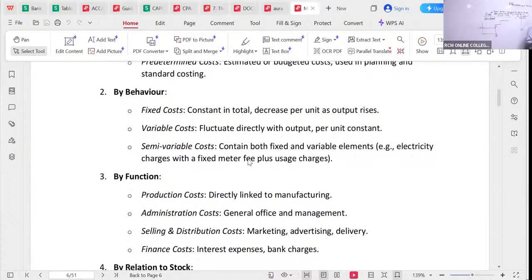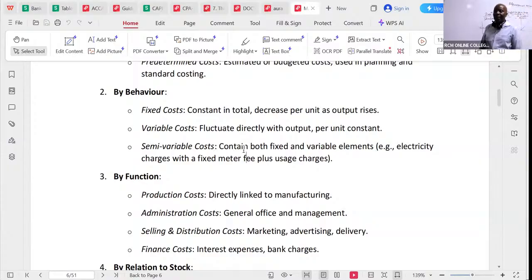These are directly linked to manufacturing. Then we have administration costs, general office and management. Then we have selling and what here, somebody? Distribution, marketing, advertising, delivery. Then we have finance costs, interest expenses, bank charges, etc.